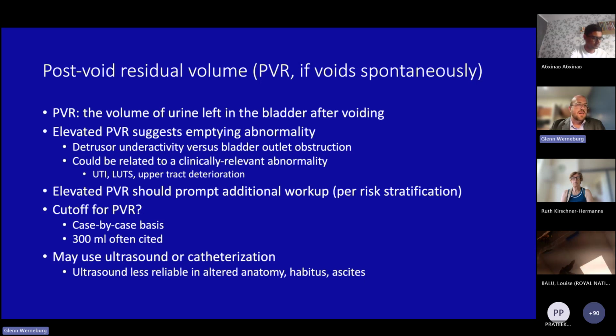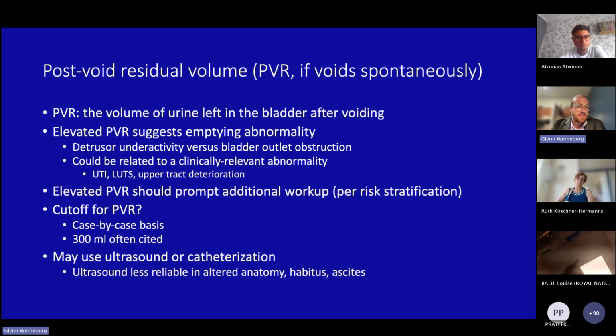This can be due to either detrusor underactivity, in other words, an underactive bladder, or the bladder can work fine, but there can be bladder outlet obstruction or a downstream obstruction. And this could be related to a clinically relevant abnormality like UTIs or lower urinary tract symptoms, upper tract deteriorations. That's why it's important to get the PVR in these patients. And the elevated PVR should prompt additional workup per the appropriate risk stratification.